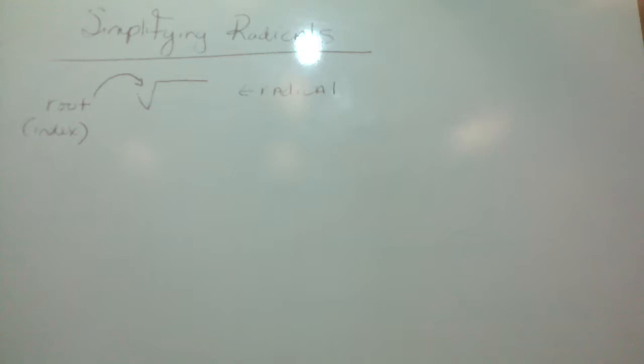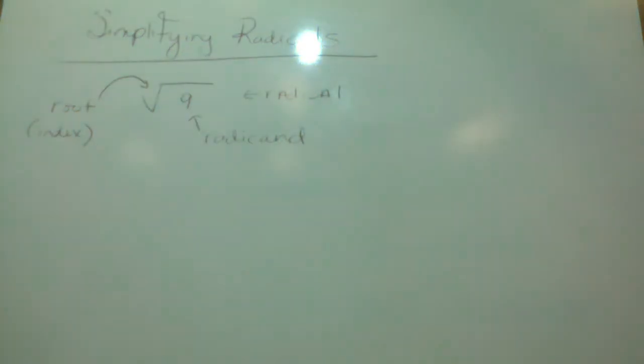This piece right here is what we call the root or the index. You'll hear it more frequently be called the root. And then what's underneath, like if I put a number here like 9, we call this the radicand. So the symbol is what we call a radical, and then what's in this space here is the root.